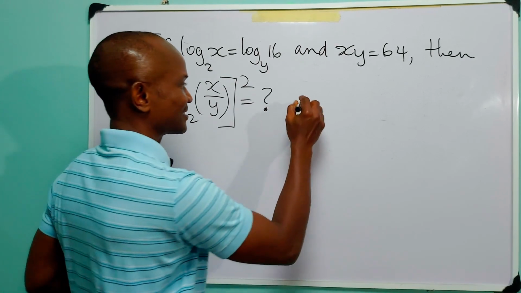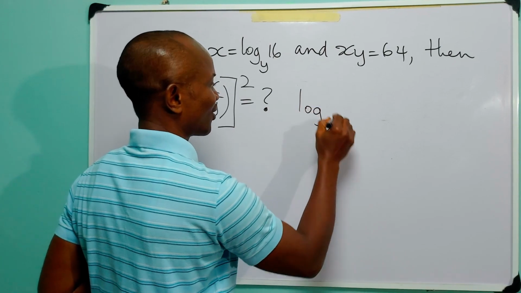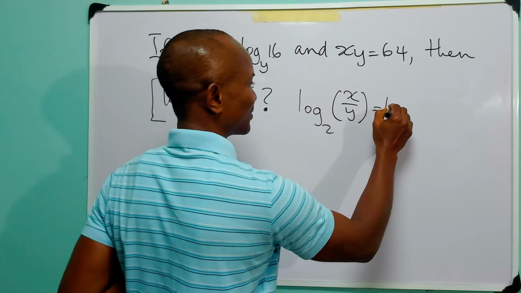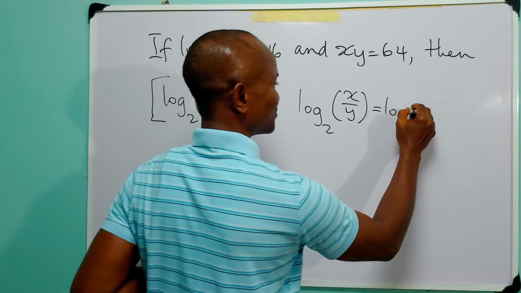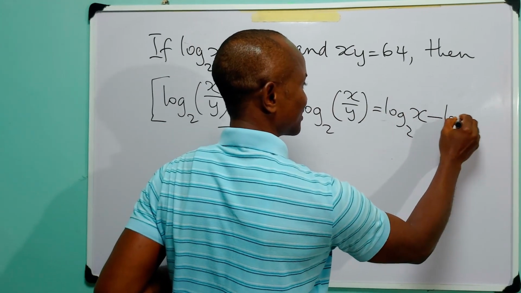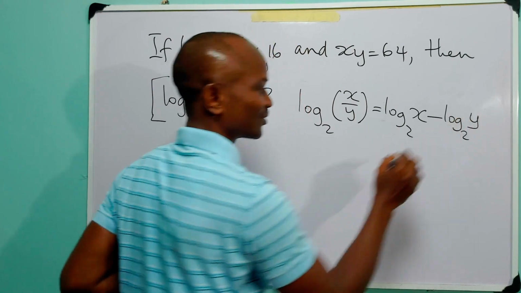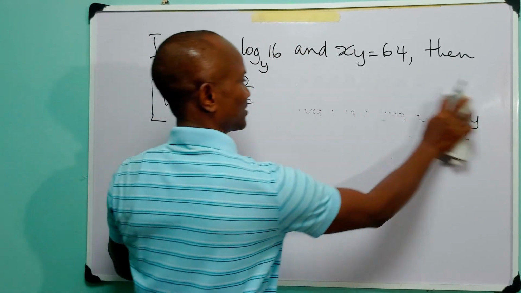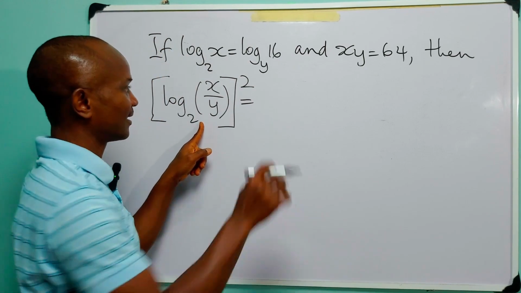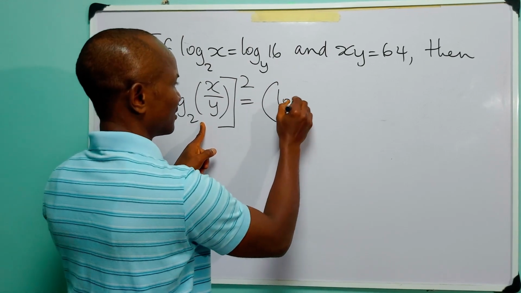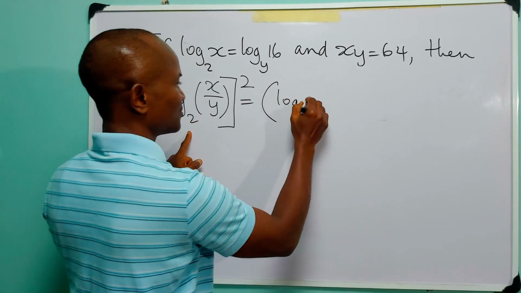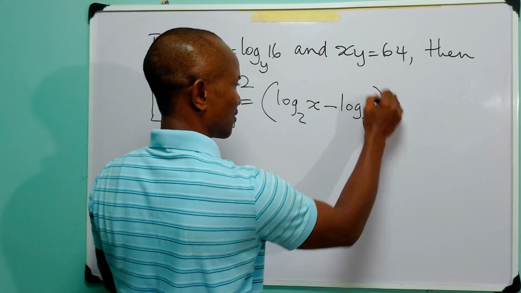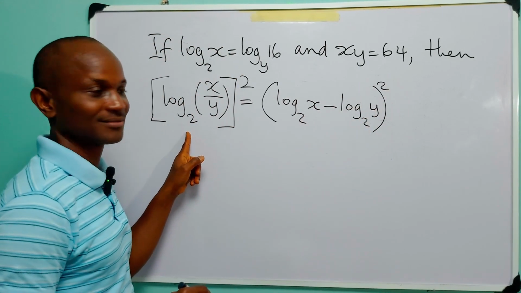Recall the law of logarithm that says that log to base 2 of x over y is equal to log to base 2 of x minus log to base 2 of y. So that means we can replace this statement with the statement log to base 2 of x minus log to base 2 of y squared.